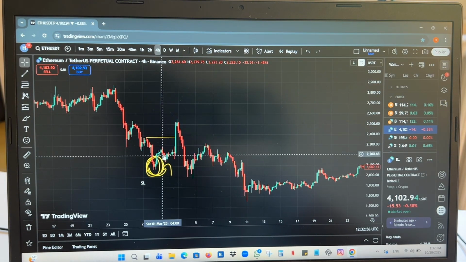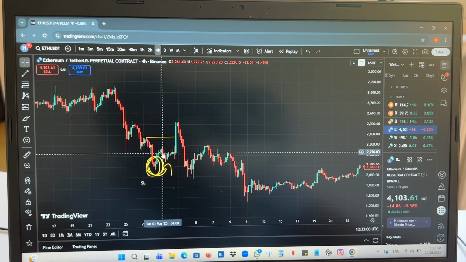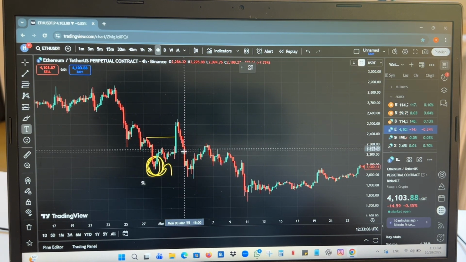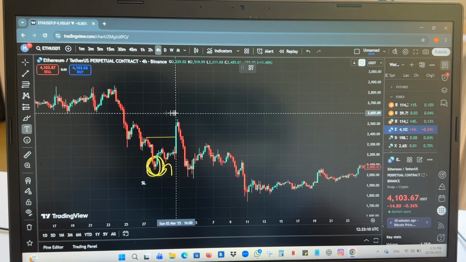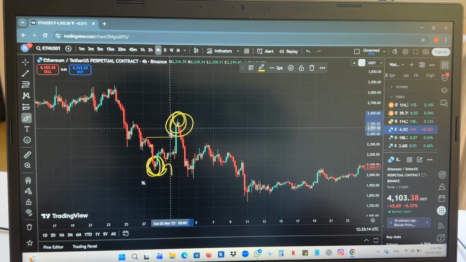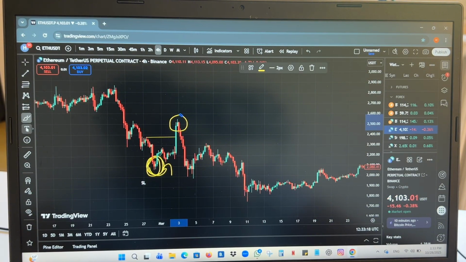We mark that level which it went and hunted, this high, and keep it ready. Now we are waiting for the confirmation of this BOS. Once it confirms, this point is going to be a swing high.